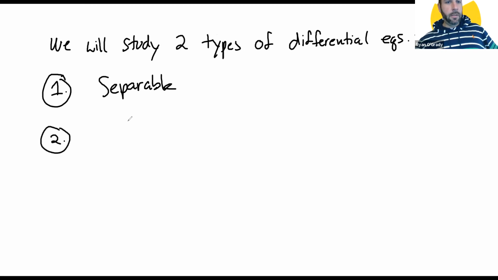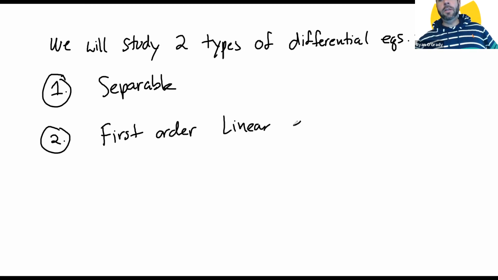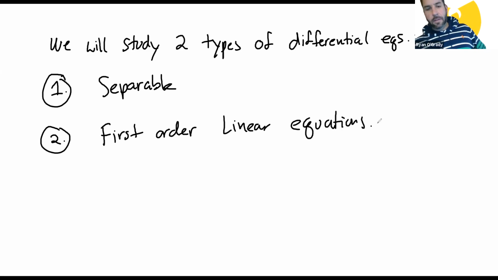And then the second type we're going to study are what are called first order linear equations. Now, I'm not going to lie to you. You do not have to memorize these words. And frankly, I'm not going to test you. I shouldn't say that. You should know how to solve these types.